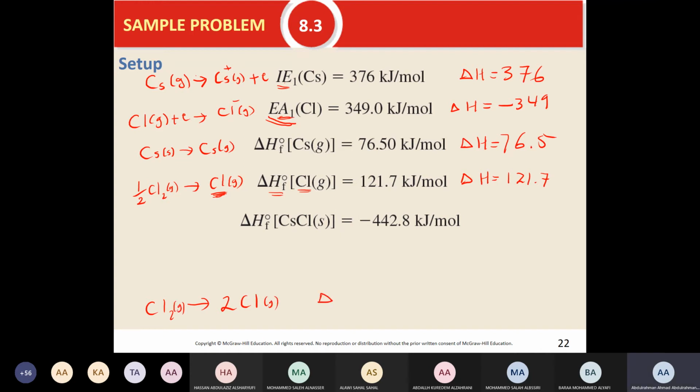Multiply by 2, 2 times 1 to 1.7. Exactly. Good. So we need to make 1 mole of the product, not 2. Okay, good.